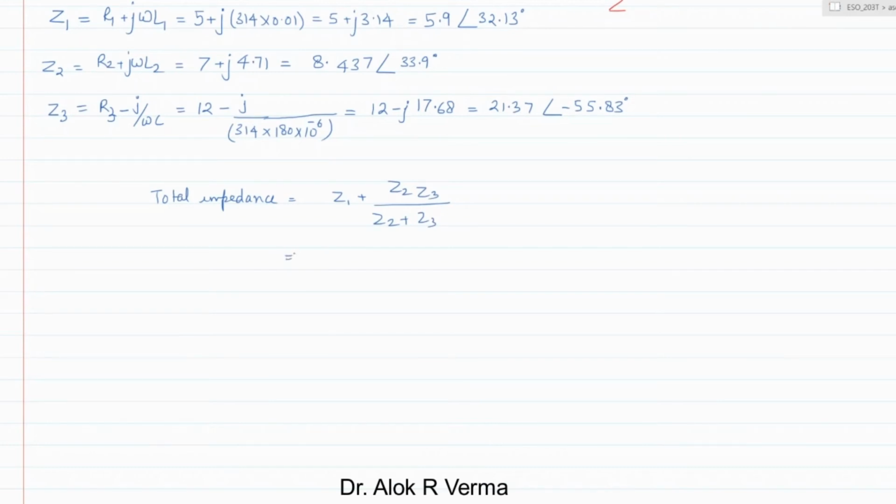Now substituting these values we have calculated, Z1 is 5 plus j 3.14 plus the Z2 Z3 product, which we'll do in polar form, so we'll write it as 8.4 angle 33.9 degrees multiplied by Z3, divided by the sum of Z2 and Z3.